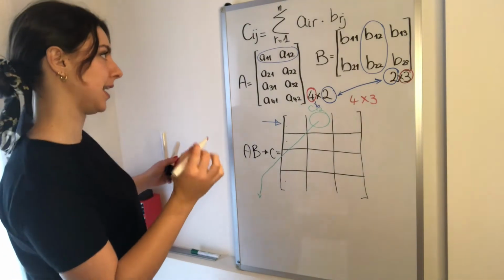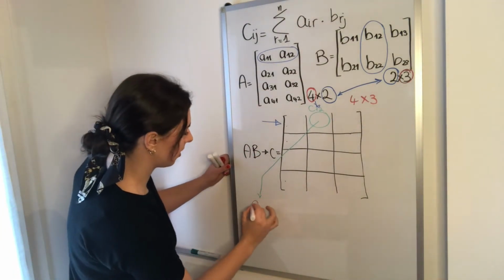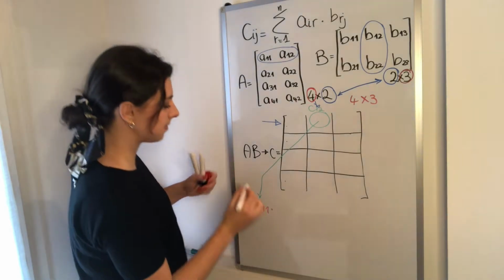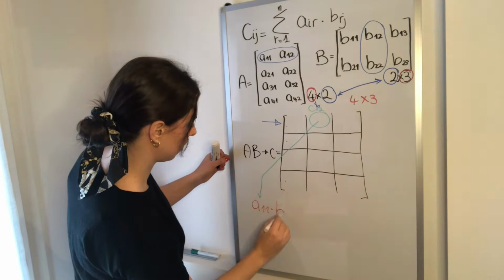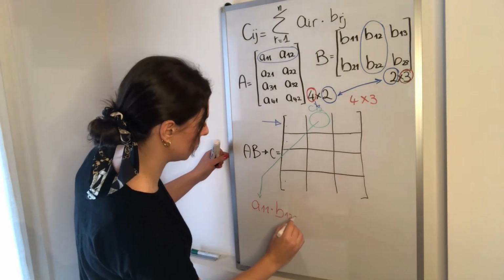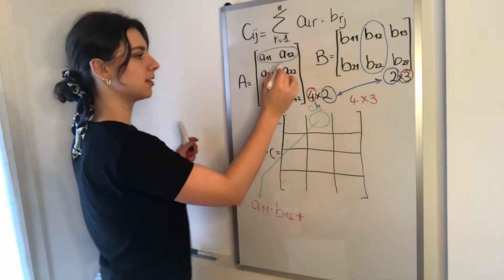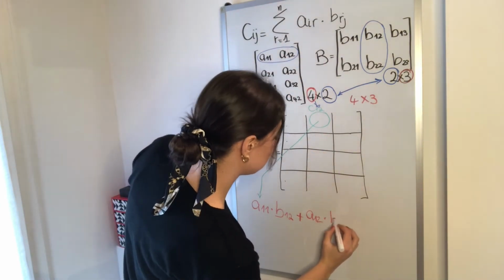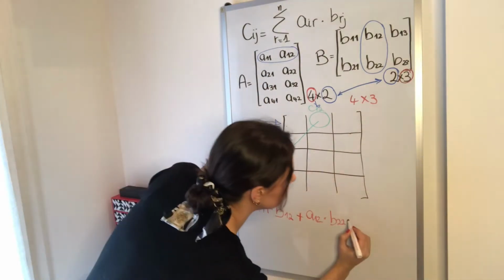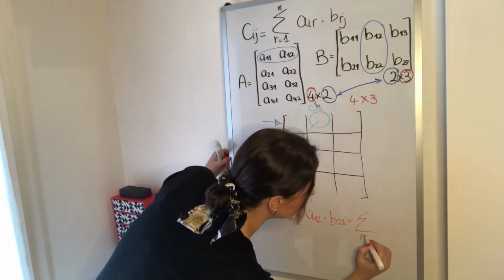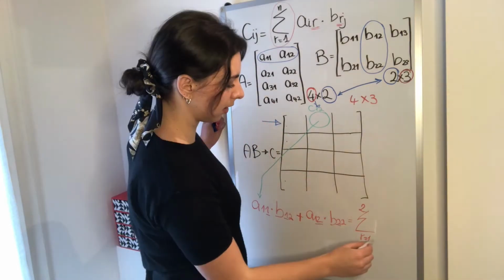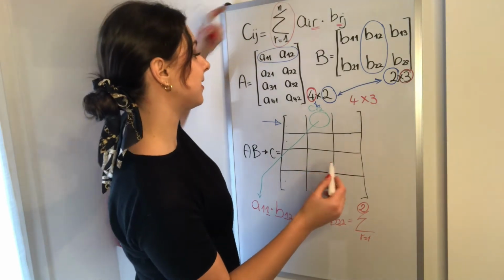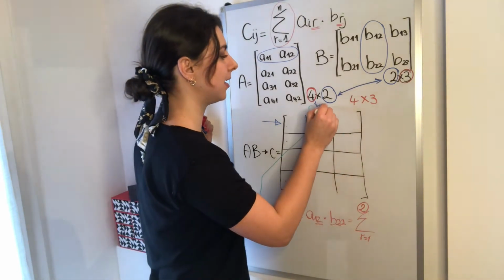We will have that A11 by B12 plus A12 by B22. The summation is R equal to 1 because it's still 1. R goes from 1 to N. N is, in this case, 2.